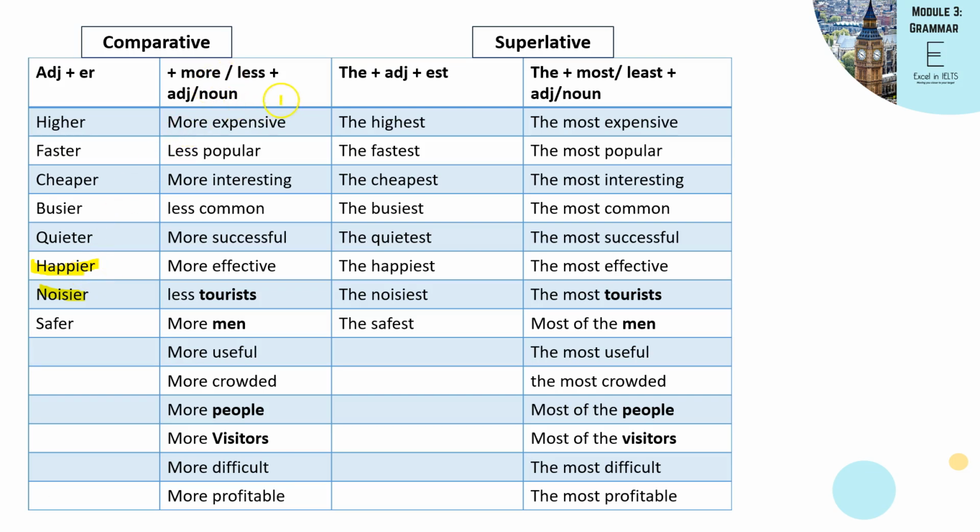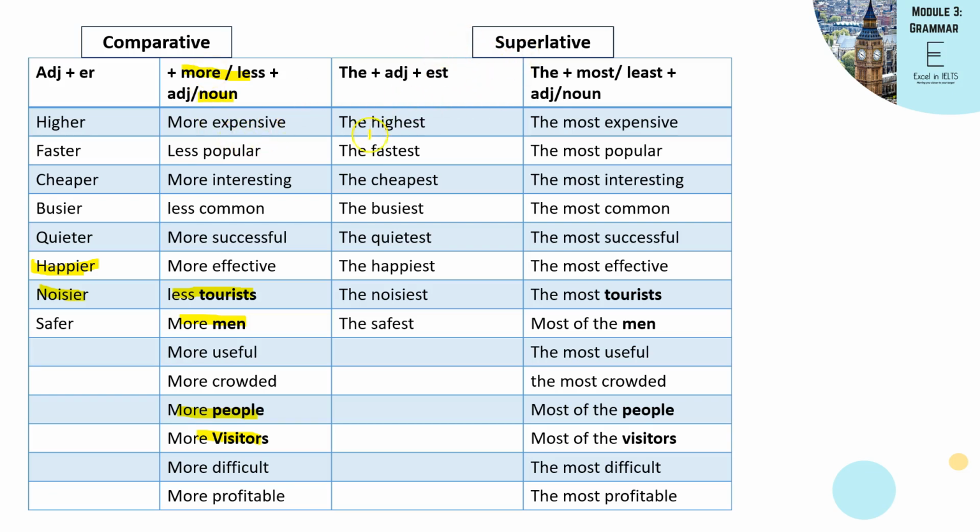For 2 or more syllable adjectives, then you add more or less before it, and also nouns fall under this category. So for example, less tourists, more men, more people, more visitors, these are all nouns, and you simply add in more or less depending on which one you want.